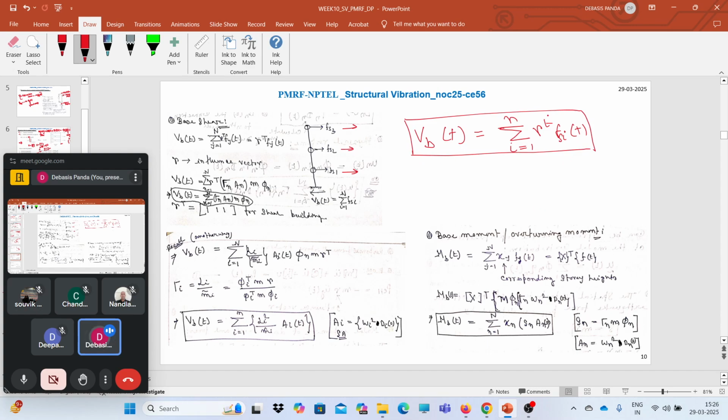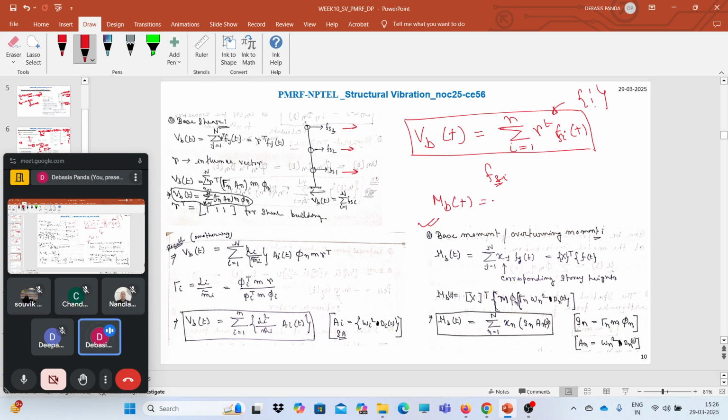Now for this influence vector, we can generally use an identity vector, so that we can count the effect of Storey shear on each mode to calculate the base shear, right? Now base moment, similarly, once we have the information of fSi, we can easily calculate the base moment also.